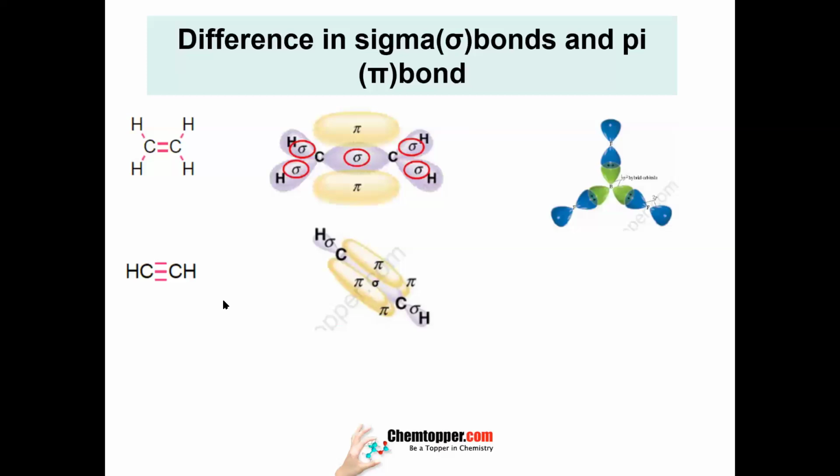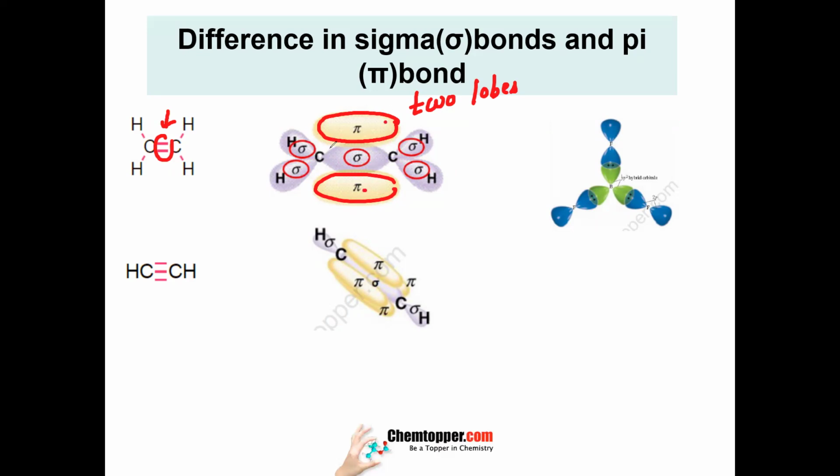See, this is the sigma and pi bonds. One of the bonds is sigma. It's like this, sideways overlap. Exactly the same orbital picture I was making. This is one pi bond. You can see there is one pi bond, but it has two lobes, one above and one below, but counted as one only.